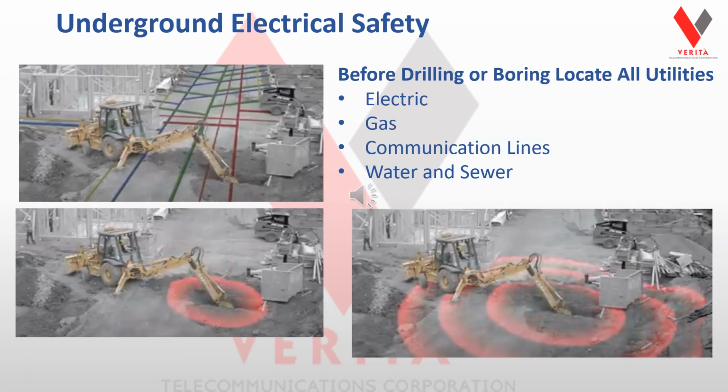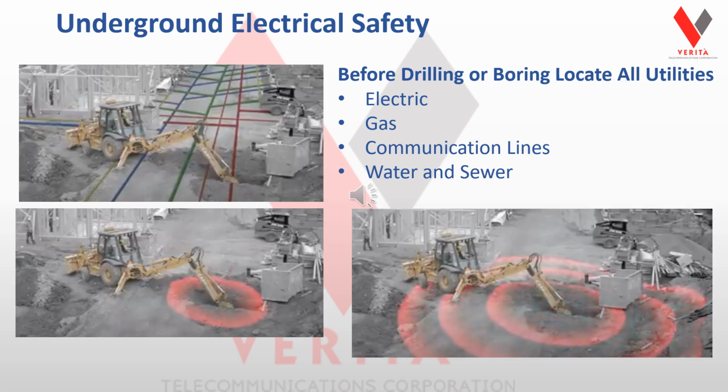Always, always, always, before drilling, before digging, make sure that all the utilities have been called in to Miss Dig. Everything's been located. We can see the flags, we can see the paint. We want to make sure that we're going to be clear of the electric, gas, communication lines, water, and sewer. So again, we want to expose these utilities.